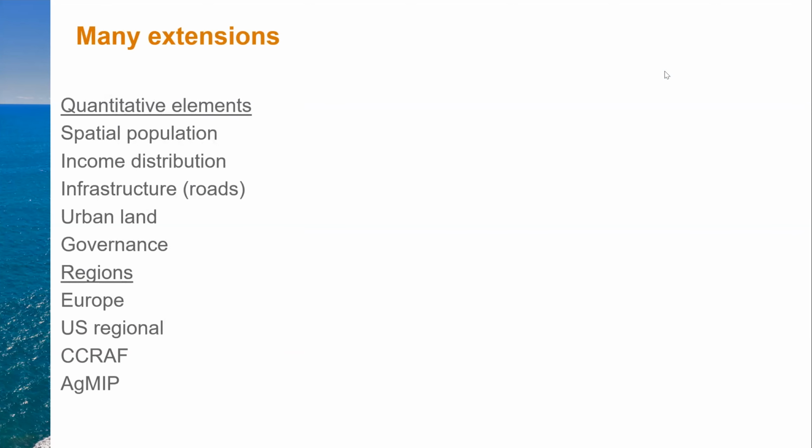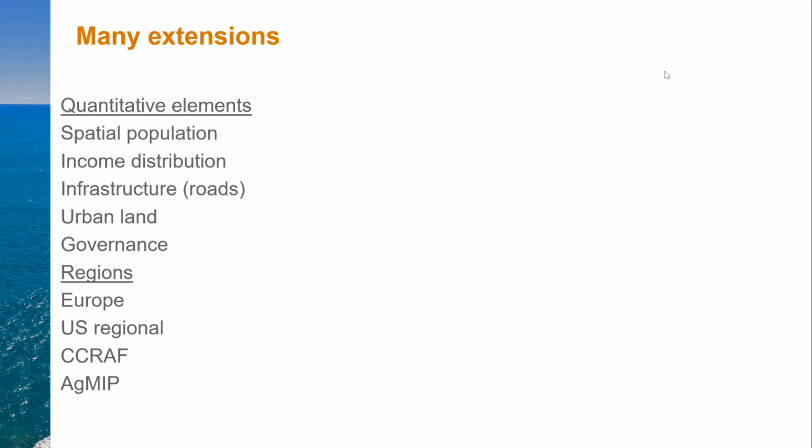They've also been extended beyond these basic elements of narratives and 3 or 4 quantitative elements. Many people have developed additional sets of information consistent with the SSPs to allow them and others to do additional kinds of work. So there are now spatial population projections for all of the SSPs, not just at the national level, but gridded.